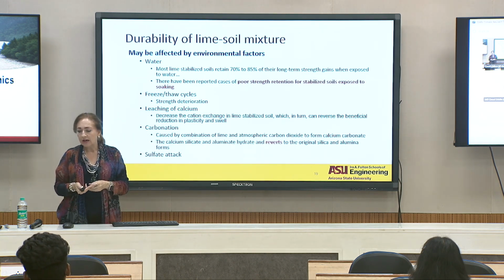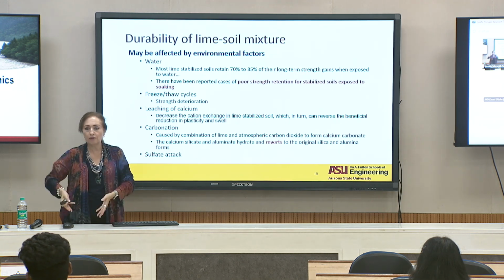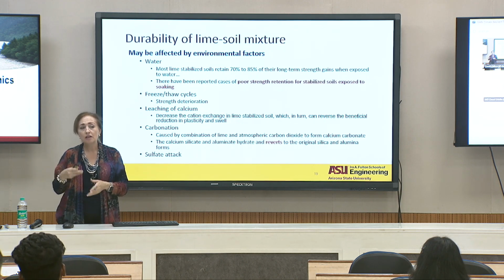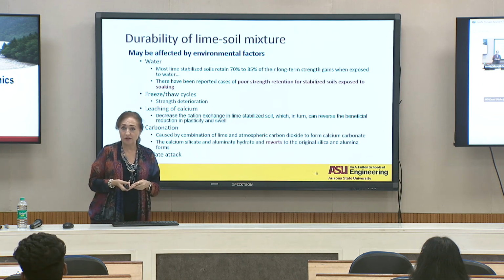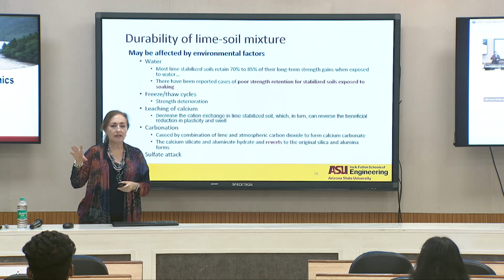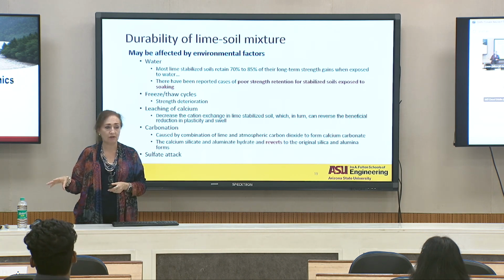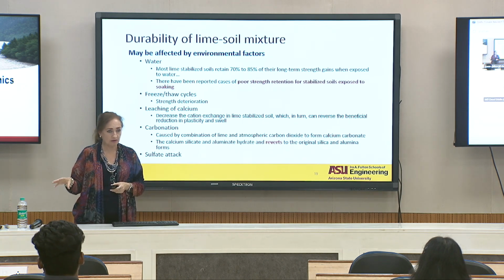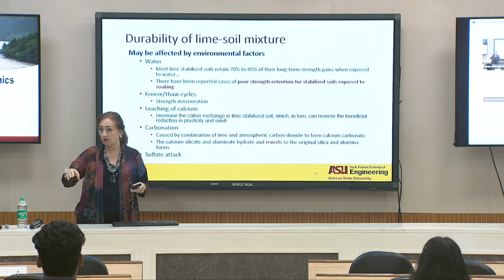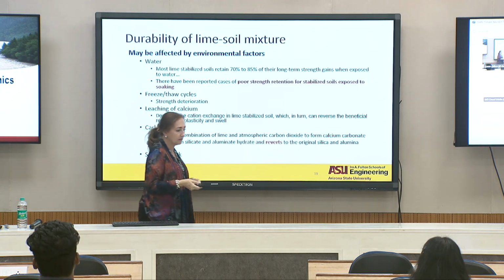With freeze-thaw cycles, when you do freeze-thaw over several years, you do have some deterioration of this material. What I'm saying is, if you're going to be cement stabilizing something, you may think that this is not going to last forever. If you have any of these conditions, you may consider that.